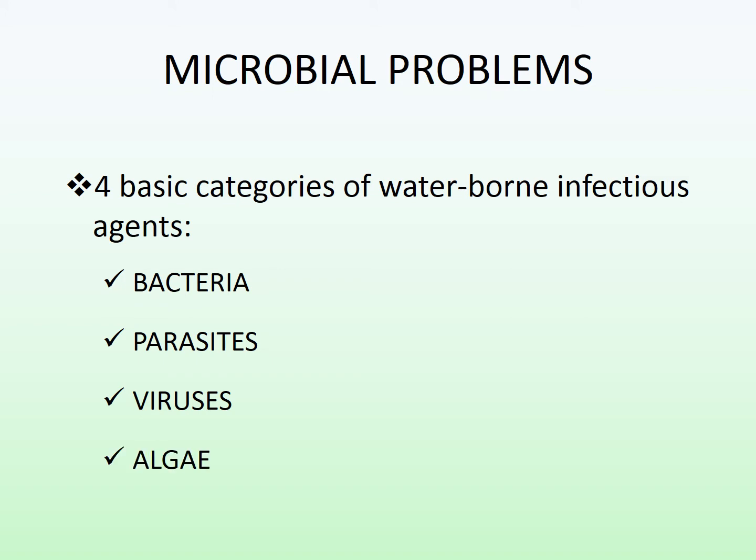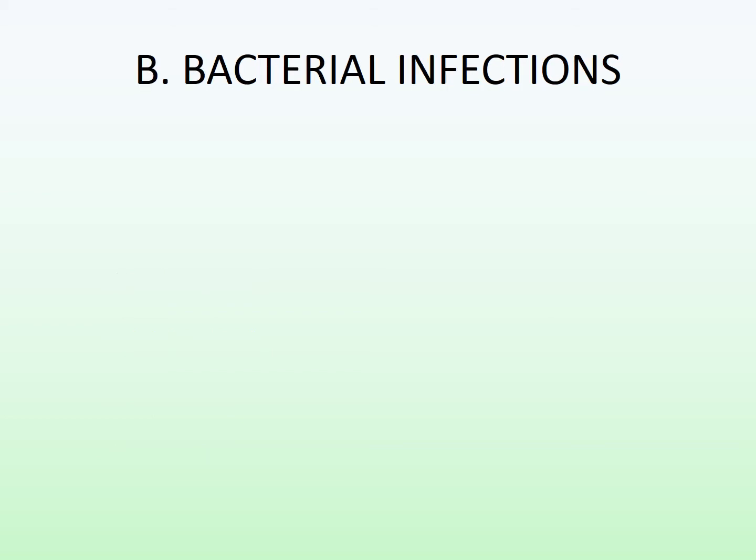And algae, which we simply don't have very much data on right now. So even though we've been working on microbes for well over 100 years, we're almost clueless with viruses and algae in drinking water, or the impact of viruses and algae on human health when they're present in drinking water. So let's talk about the bacterial infections today, or a portion of the bacterial infections today.